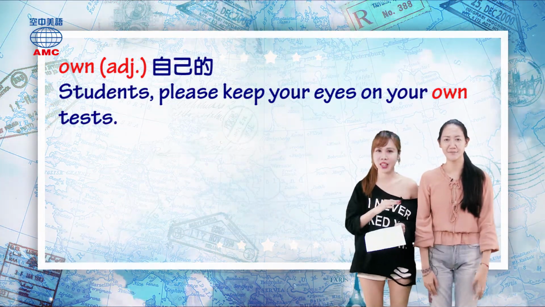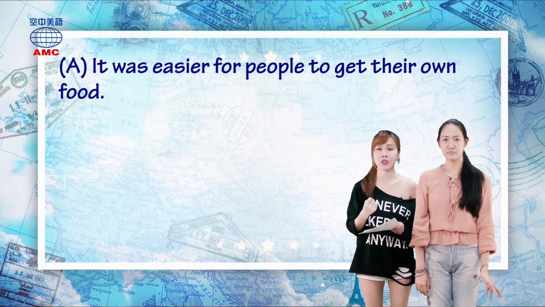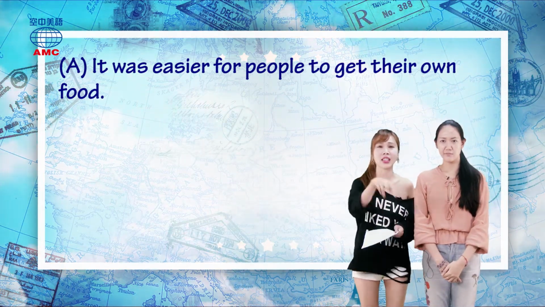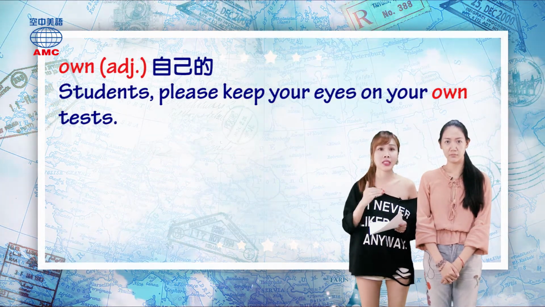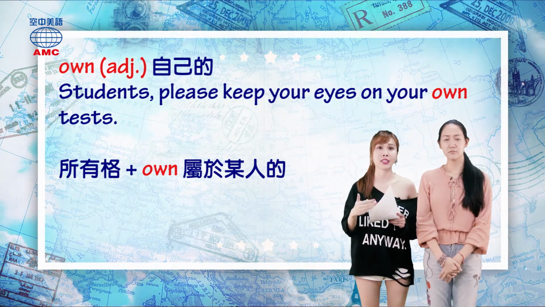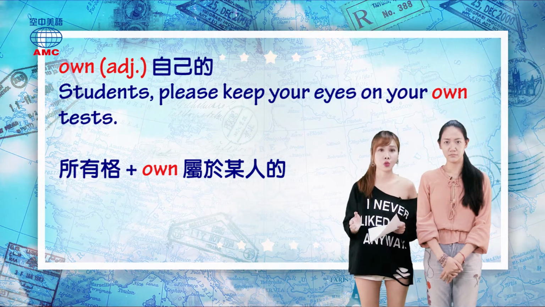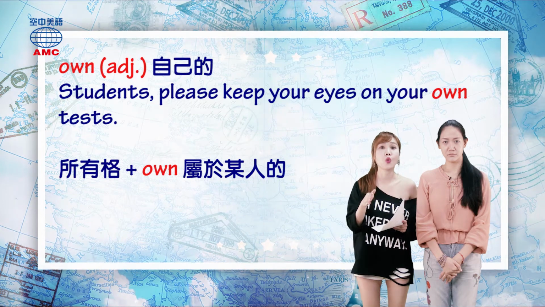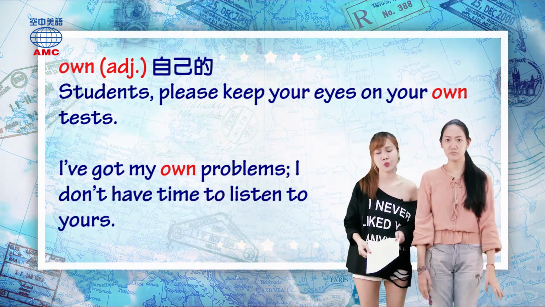我们先回去看一下，说答案有没有可能是 A，人们可以比较轻松的取得他们自己的食物。I think it's this one. Yeah, maybe. It makes sense, right? 对呀，因为站起来夹本来就很不礼貌啊。It's very rude. 那我们先来看一下 own，就是自己的，它是个形容词。那通常我们用一个所有格再加 own 来强调属于某人的，像是刚刚的例句就是说，同学们请将视线集中在你们自己的 your own test，你们自己的考卷上，或者我也可以说 I've got my own problems.